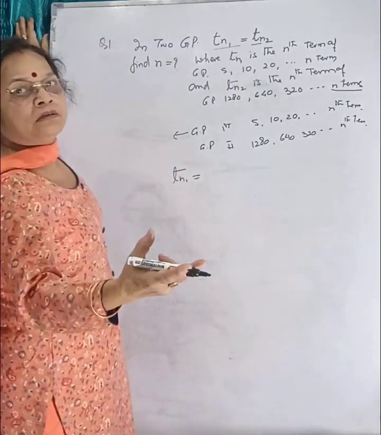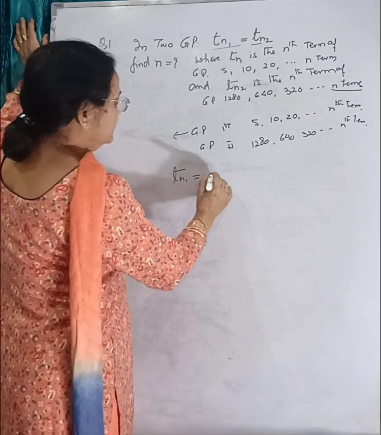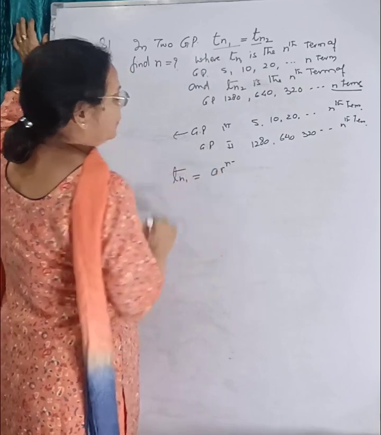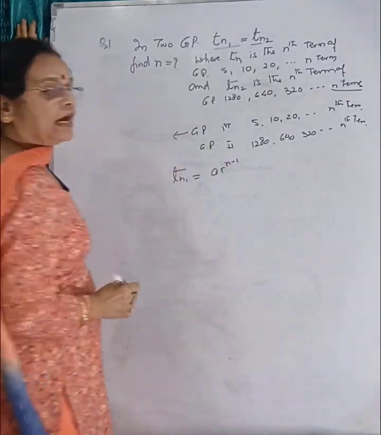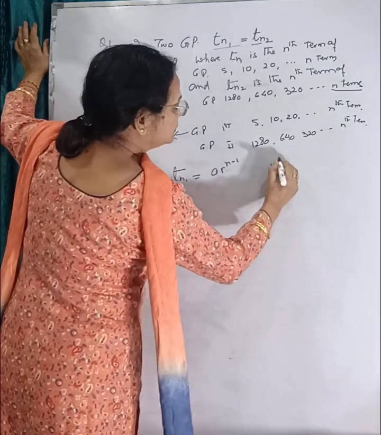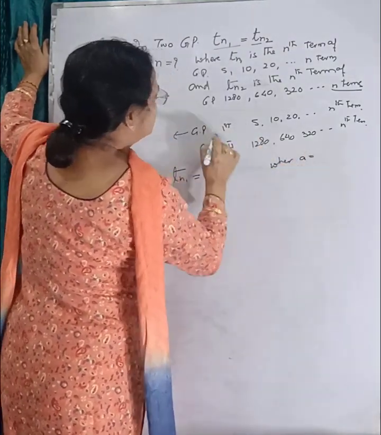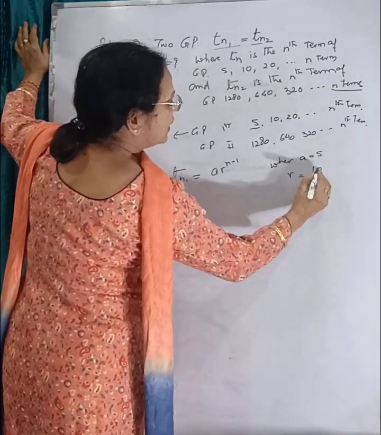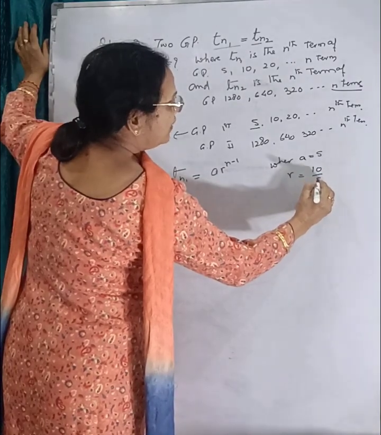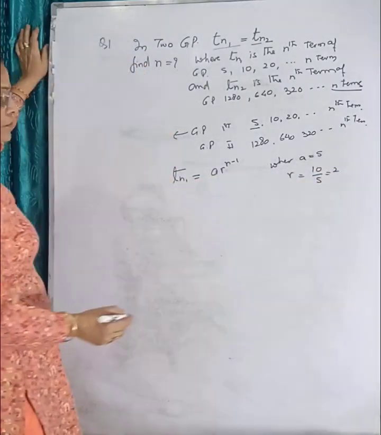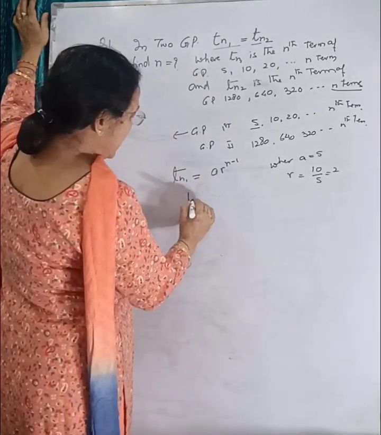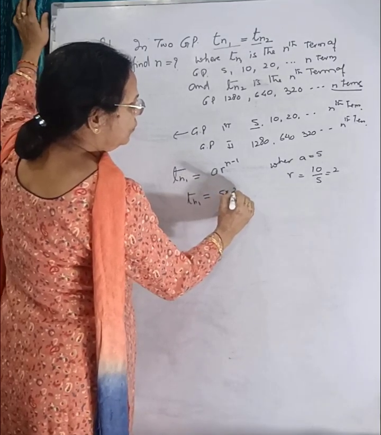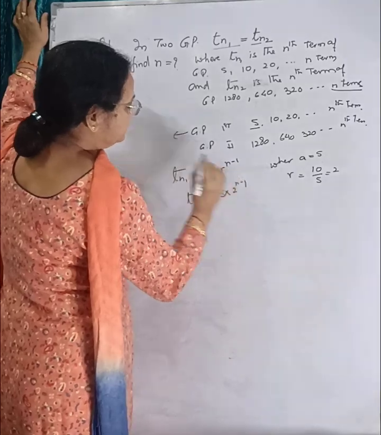The number of terms of both the GPs is the same. It is equal to a r to the power n minus 1 as per the formula, where a will be equal to 5, the first term, and r will be equal to 10 upon 5, that is 2. So Tn1 will be equal to 5 into 2 to the power n minus 1.